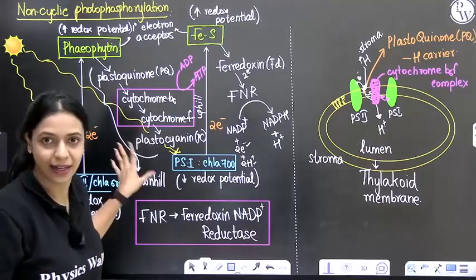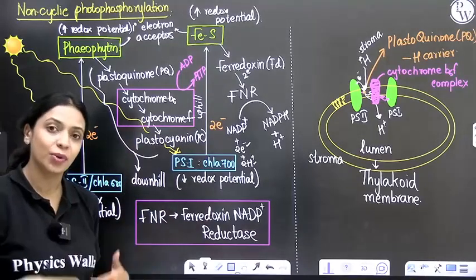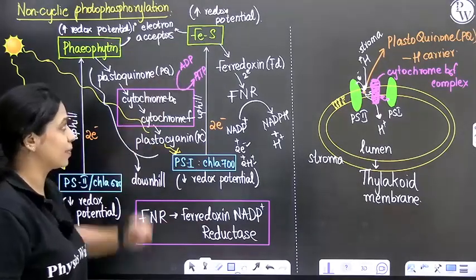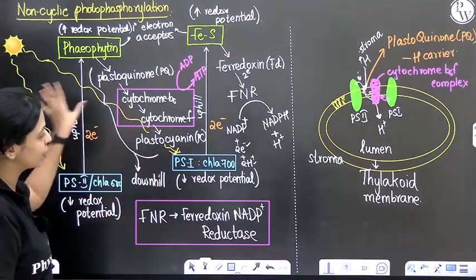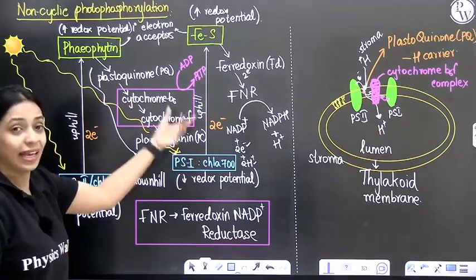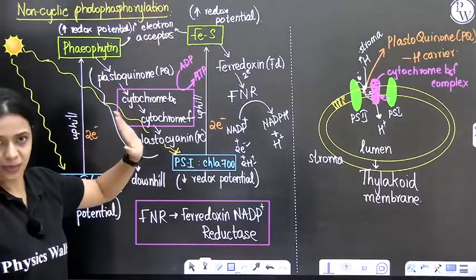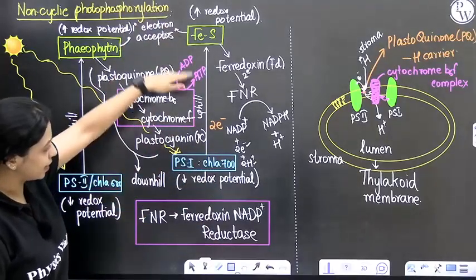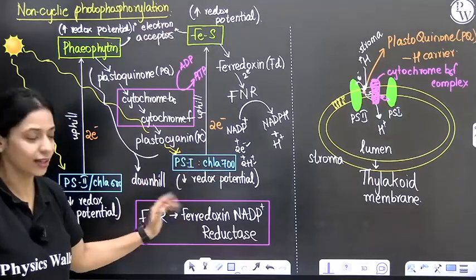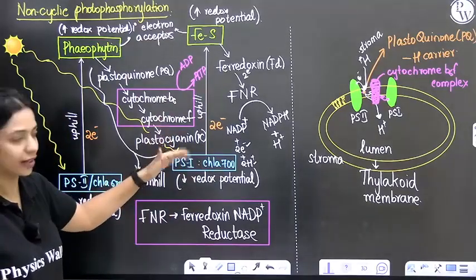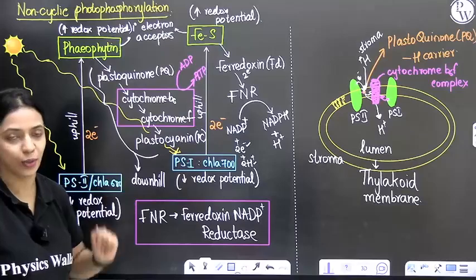It's not like one cycle happens and it stops, right? For continuous synthesis of food, continuously ATP is required, continuously NADPH is required. So for this process to continuously happen, chlorophyll A must get excited multiple times. For it to keep getting excited, whatever electrons have been lost have to be replaced one way or the other, right? So over here, there is no issue. It is sorted. It lost 2 electrons and got its 2 electrons back.